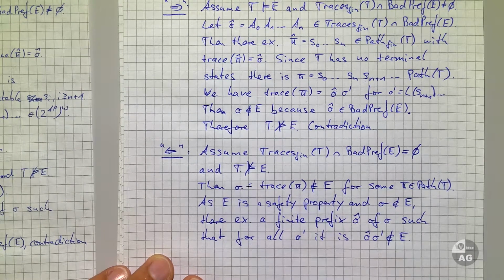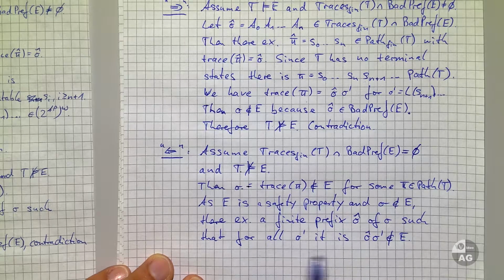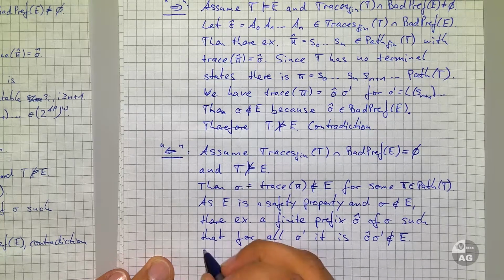So we have a trace that's not in the linear time property, but when it's not in the safety property, then we have a finite prefix that we cannot extend to make it back into the property again. So for all extensions of this prefix, we have that it's not in the property.